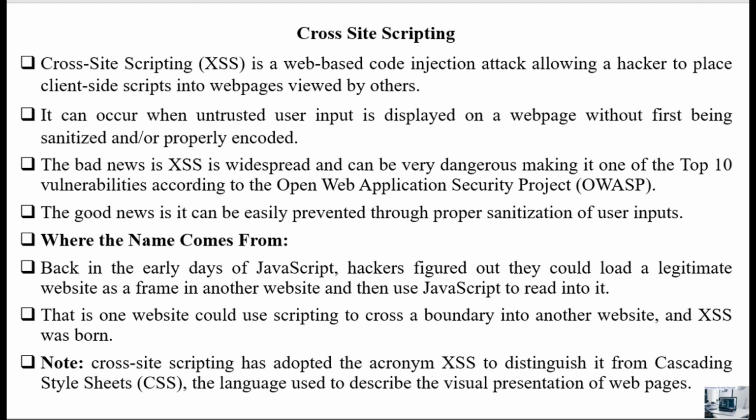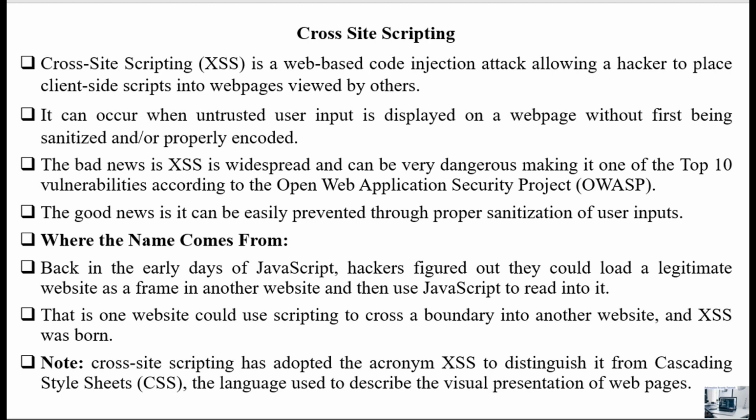But where does the name come from? Well, back in the early days of JavaScript, hackers figured out they could load a legitimate website as a frame in another website and then use JavaScript to read into it. That is, one website could use scripting to cross a boundary into another website, and XSS was born.